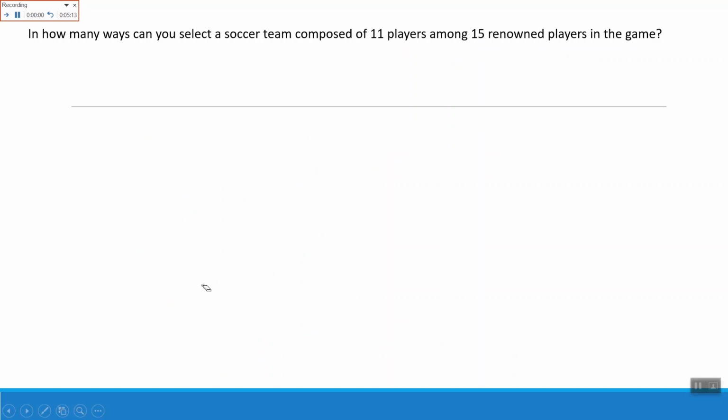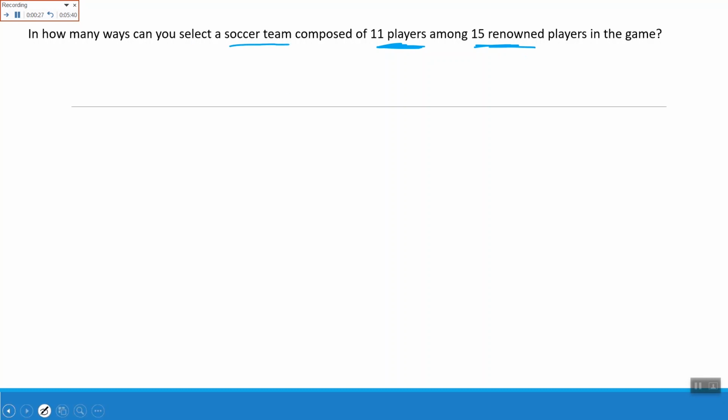So the next question says, in how many ways can we select a soccer team composed of 11 players among 15 renowned players in the game? We don't really care about the structure of the question. What we care about mainly is the main idea. I want to choose 11 players out of 15 players, and it's a soccer team.